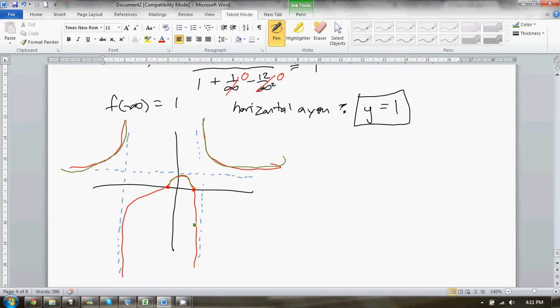Everything on the bottom you don't really care about.